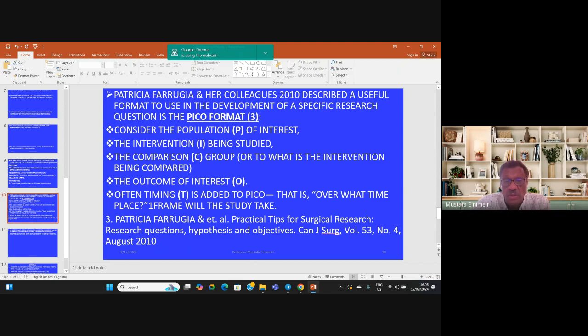C stands for the comparison group or the control group, or what the intervention is being compared to. And O stands for the outcome of interest you are planning to find and to measure. And often timing or T is added to PICO, that is, over what time period, and this will make the format PICOT rather than PICO.